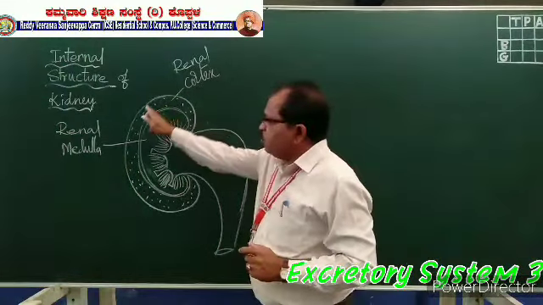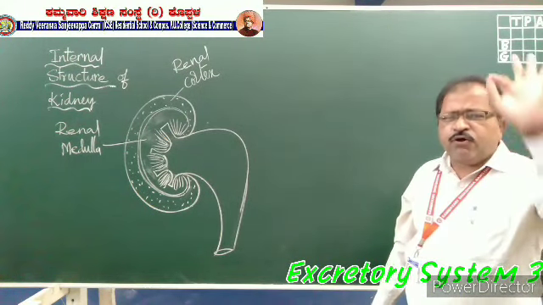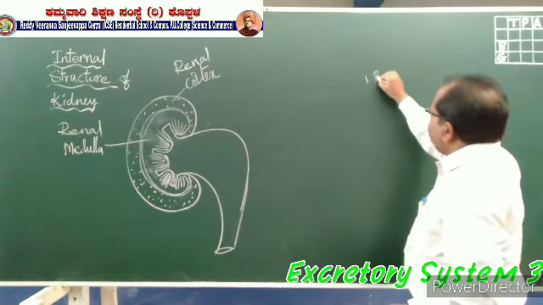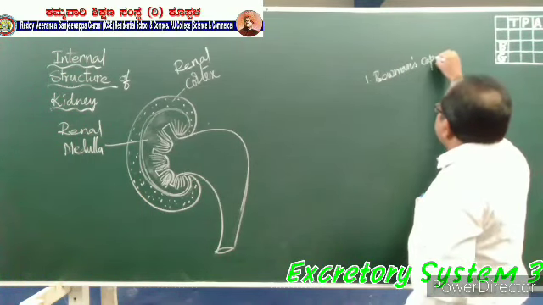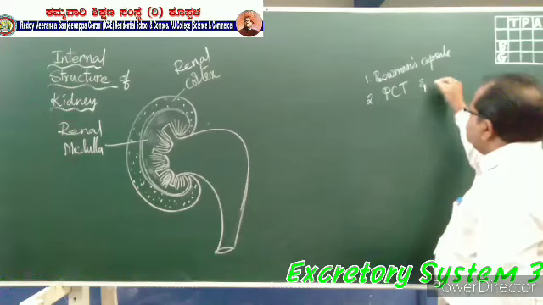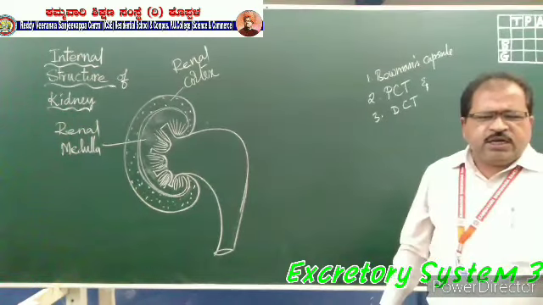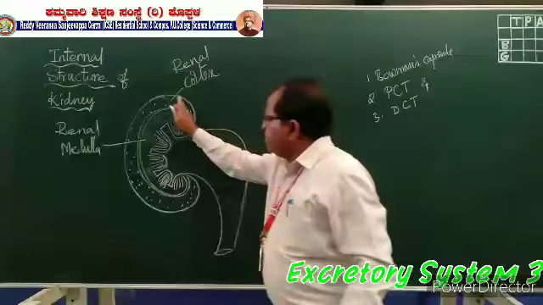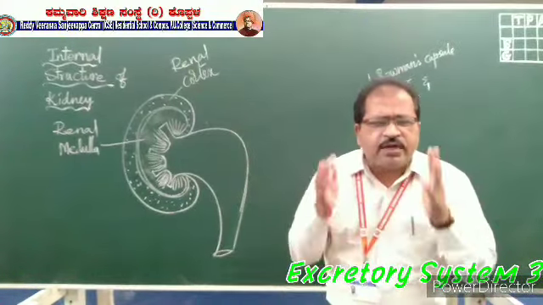In this renal cortex, 3 parts of the nephrons are present: the Bowman's capsule, which we will discuss, the PCT and the DCT. These three major structures of the nephron are present in the renal cortex of the kidney, giving the dotted appearance.